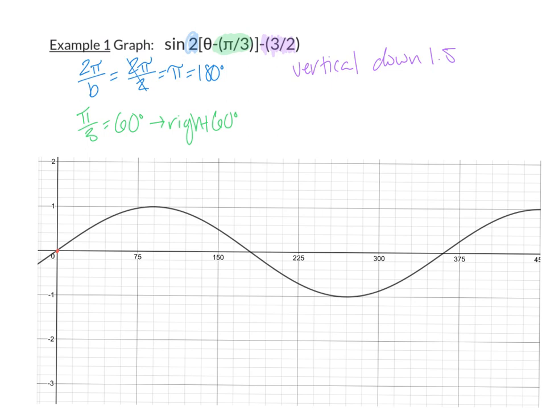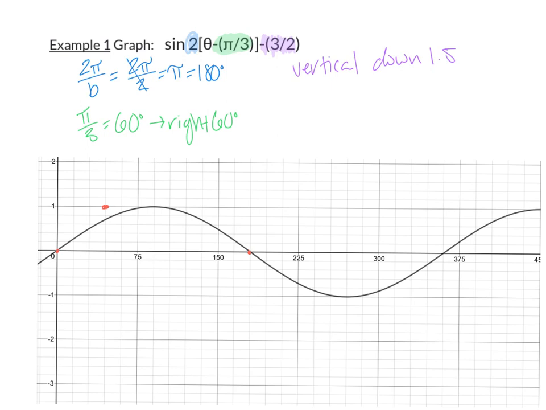So it's going to need to, at 180, be back to its cycle there. And then I'm just going to shrink everything down, basically. So instead of this being the maximum at 90 degrees, it's going to be the maximum at half of that, which is 45 degrees, which would be right here.